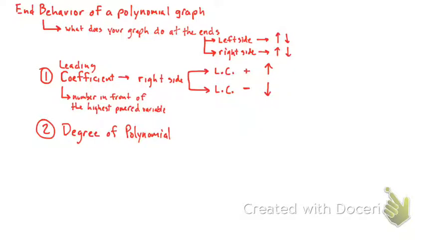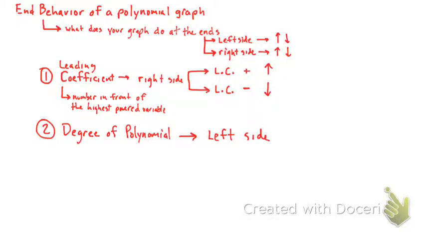I'll explain that in a little bit. But I want you to think of it as controlling the left side. The left side is dependent on what happened to the right side, as you will see.